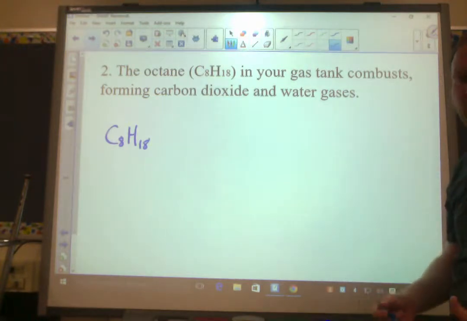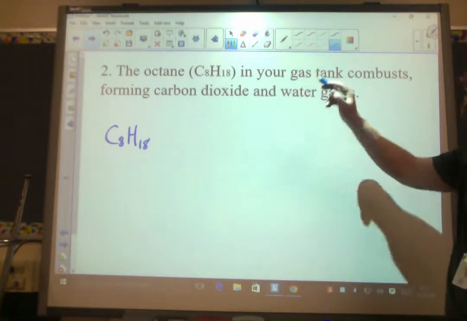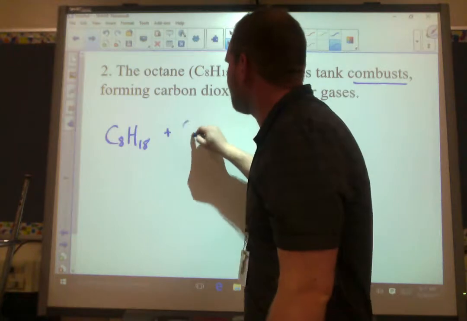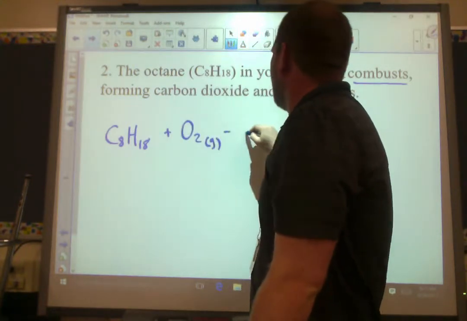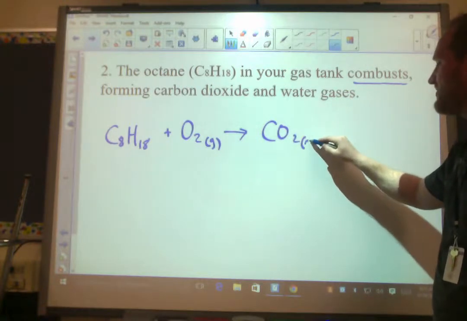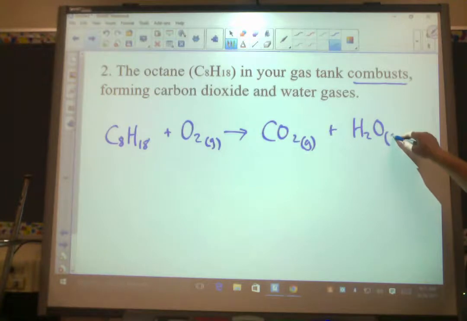It's kind of up to your teacher how strict you're going to be on state symbols here. But when I tell you it combusts, that means plus O2 gas. Okay, and that's going to form carbon dioxide and water gases. So gaseous carbon dioxide and gaseous water.